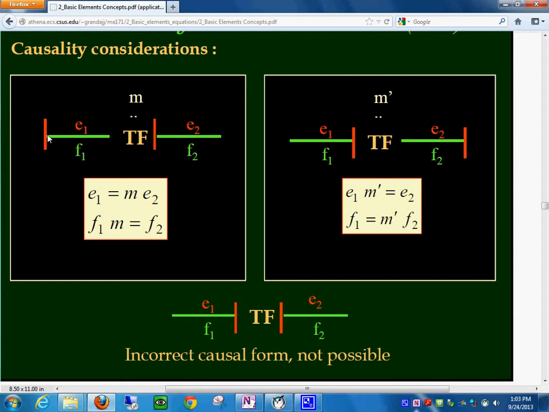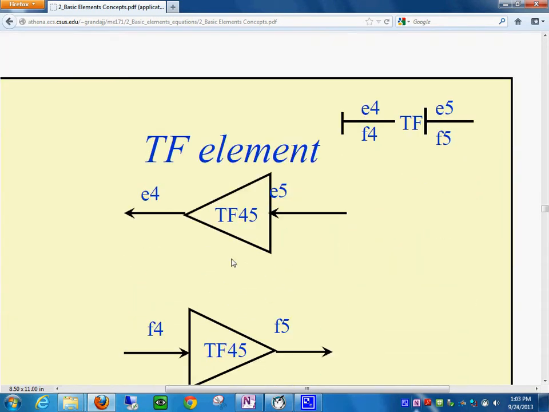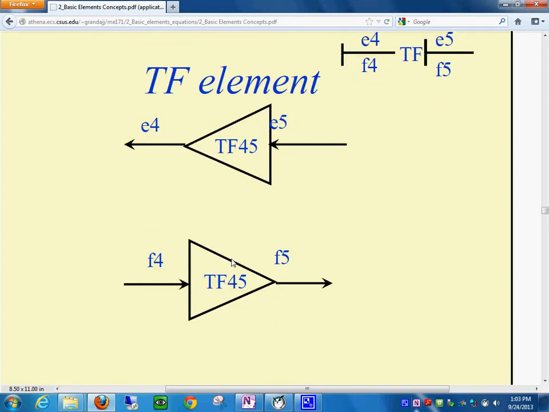Effort times this effort. That's why E1 is equal to M times E2. And F2 is F1 times M. And then you have this. This would be the block diagram representation of this.